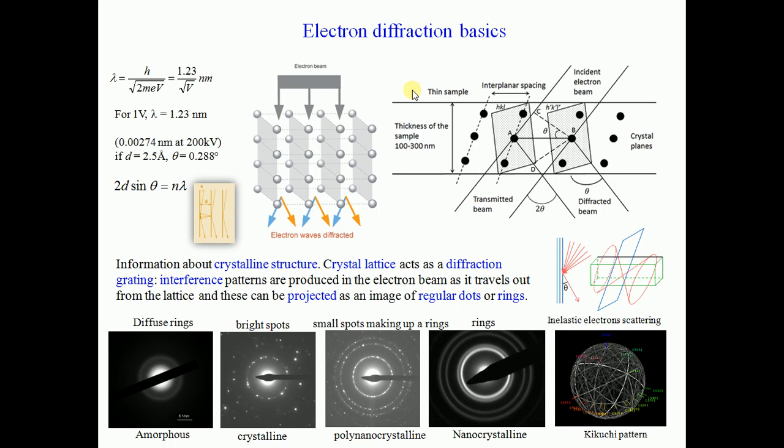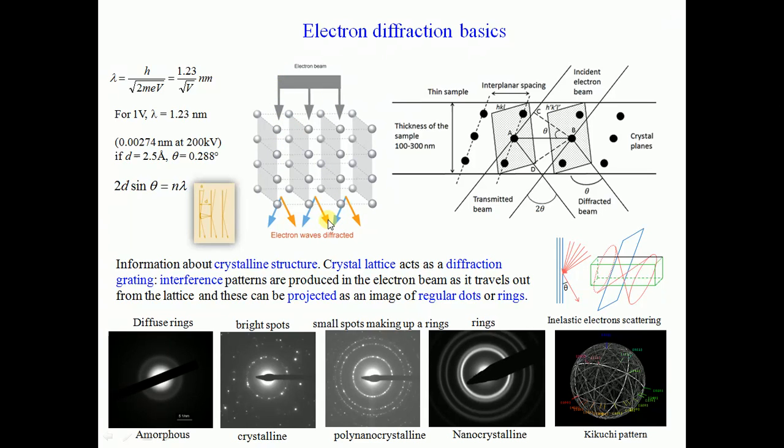And on what principle is it based? Let us see. You can suppose your sample as a mesh, a net, for the electron beam. The interplanar spacing is very small, but the wavelength of the electron is so small, comparable to the interplanar spacing, that they pass through it.